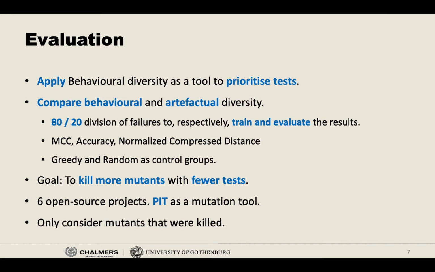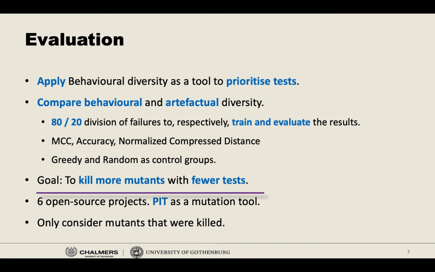Now, we evaluate our approach in an experiment where we compare behavioral and artifact diversity to prioritize test suites from 6 different open-source Java projects. In order to measure b-div with mutants, we use PIT to instrument the mutation of the projects. For artifact-based diversity, we calculate the normalized compression distance between different JUnit test methods.